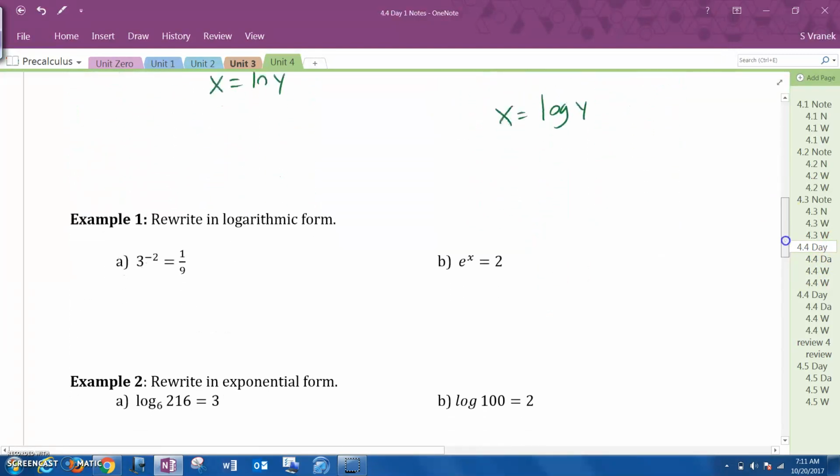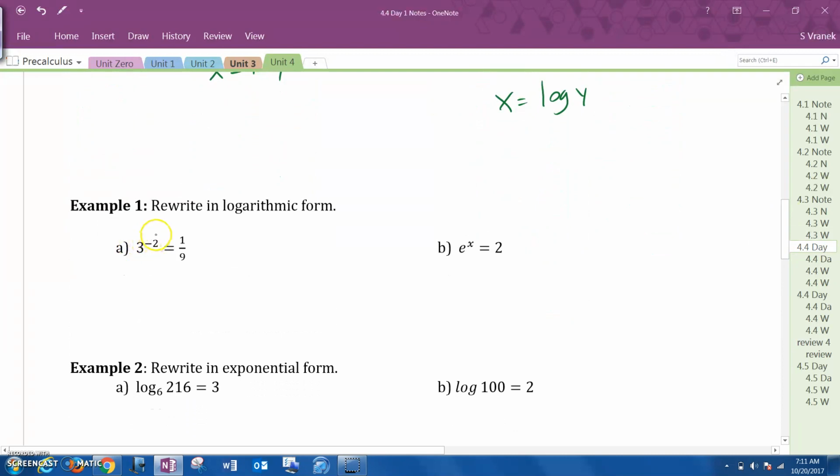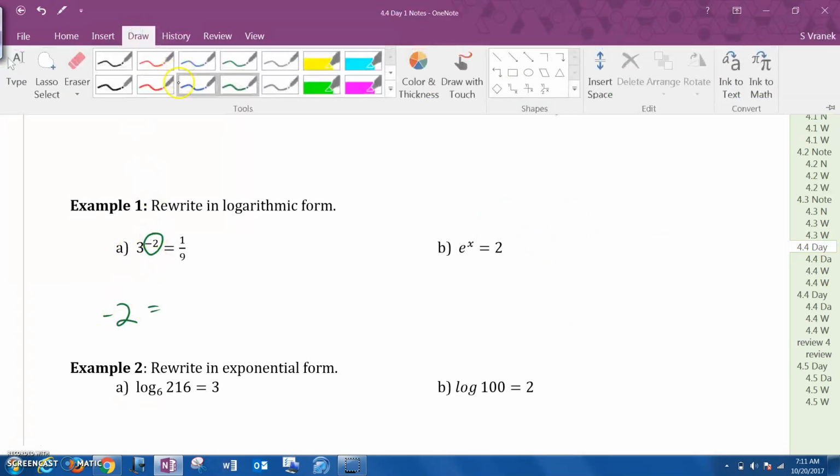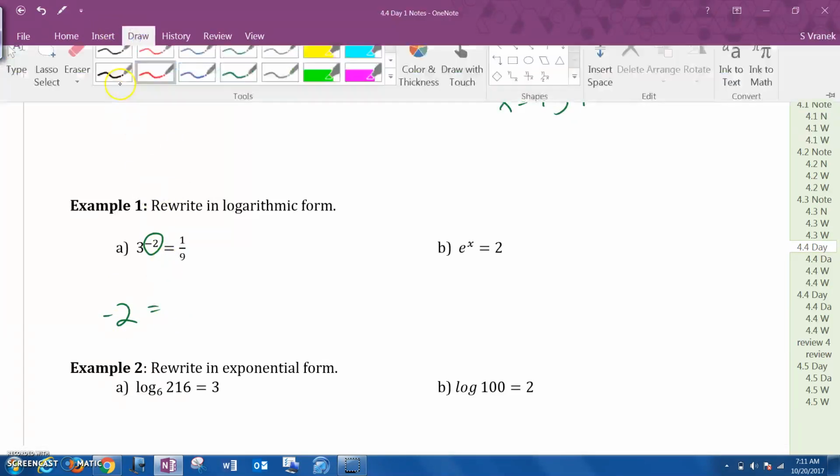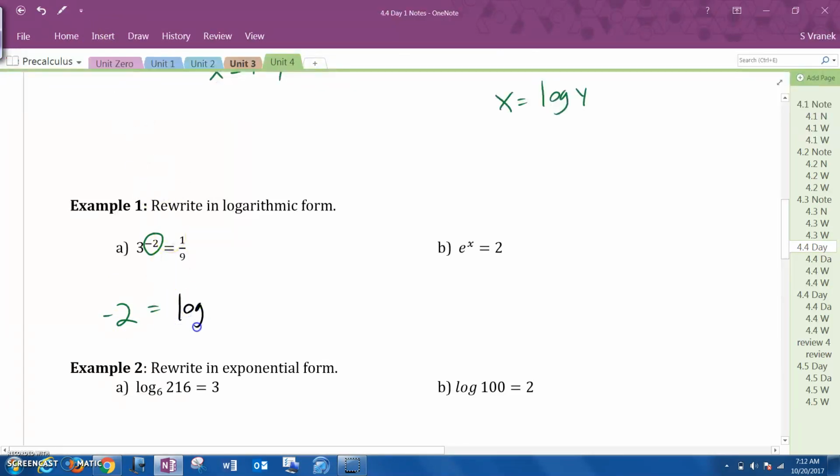So now we're going to just rewrite it. The first thing I do is identify the exponent. So we're going to say the exponent is equal to log, so you just write log, and then it's the base. The base of the exponent was 3, so it's base 3, and then the rest of it is the 1/9. That would be how you rewrite it.